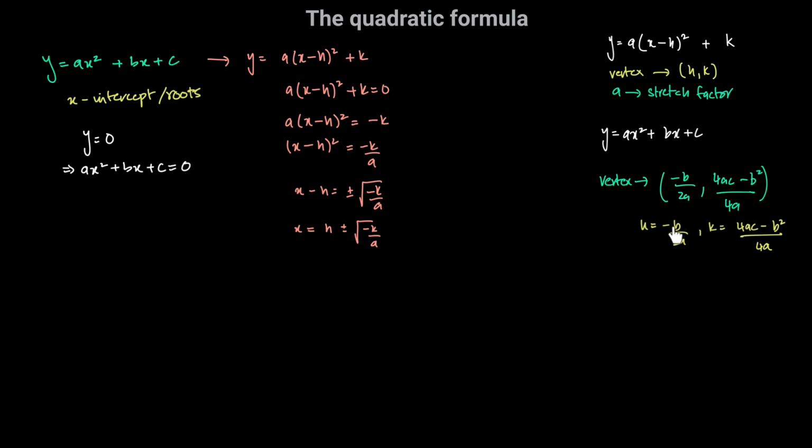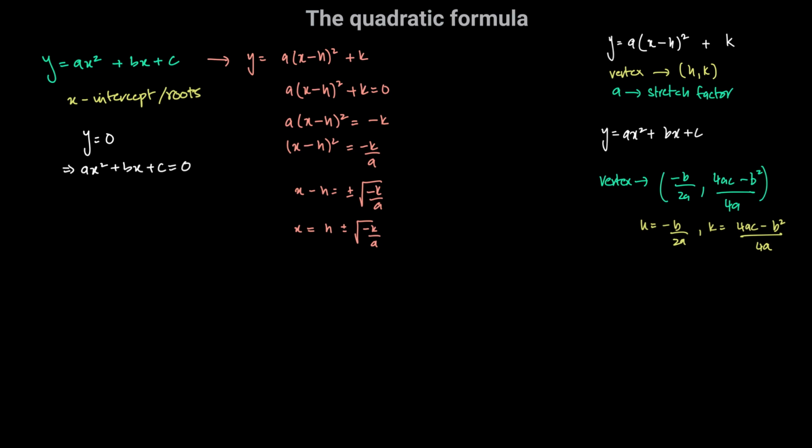You know that h would be equal to negative b over 2a and k would be equal to 4ac minus b squared divided by 4a if this equation was converted into the completed square form. So now that we have the values of the x-intercepts in terms of a, h, and k, we can find them in terms of a, b, and c simply by substituting the expressions that we have for h and for k in terms of a, b, and c.